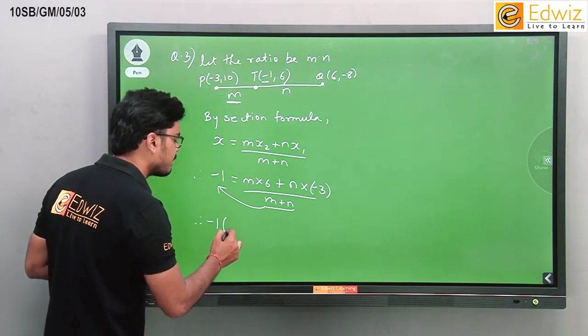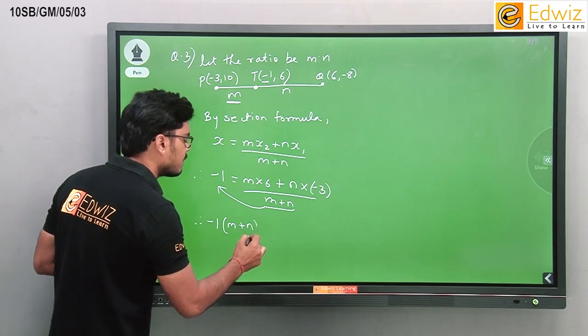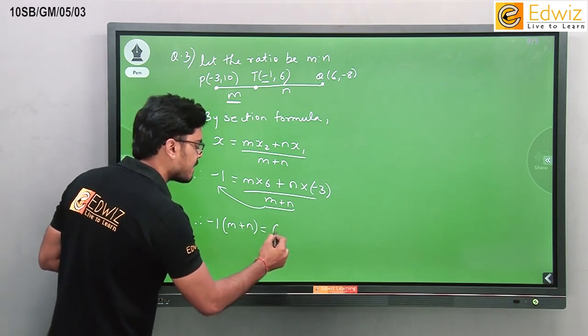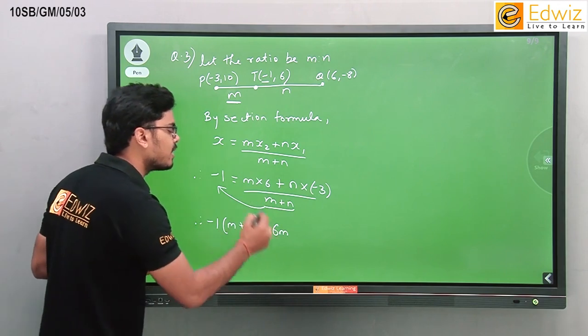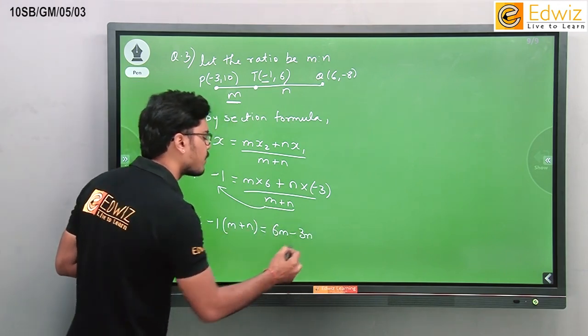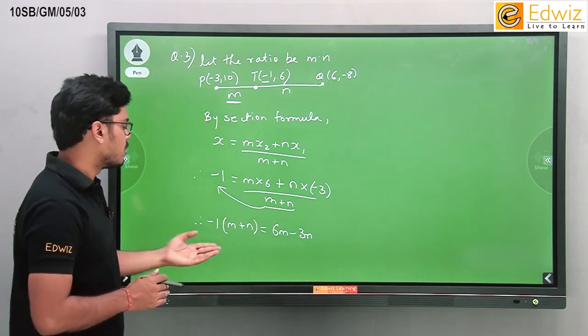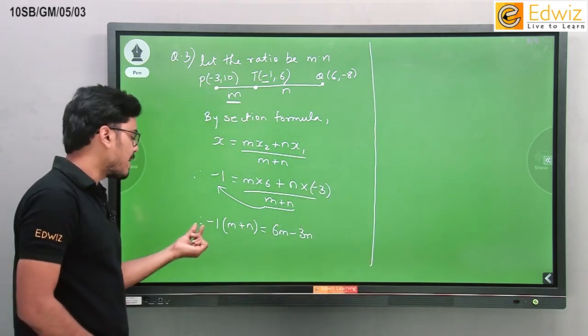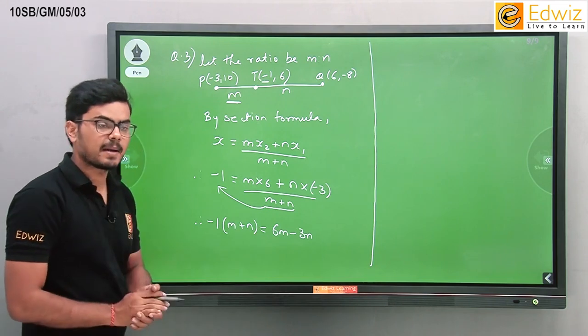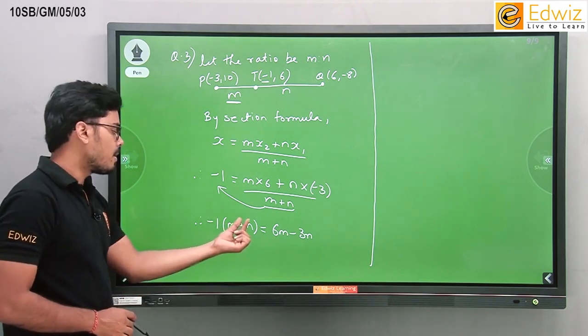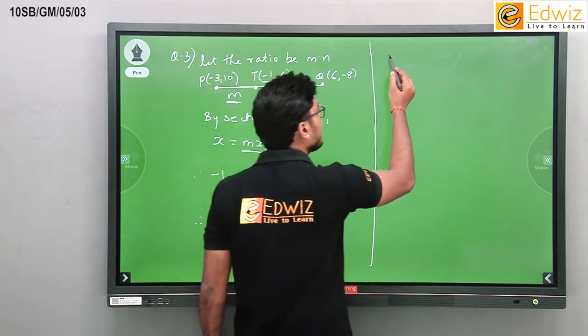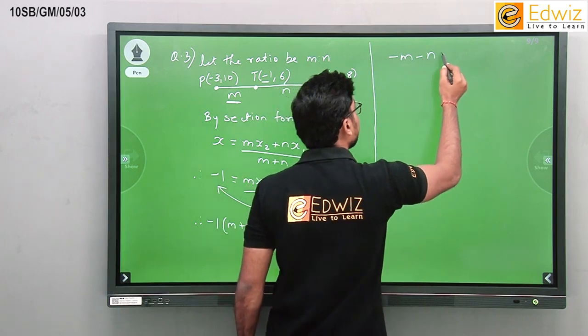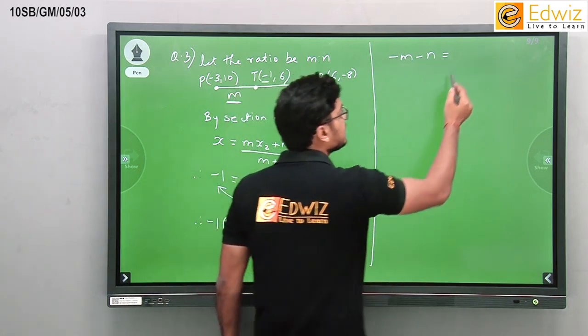So -1 multiplied by m plus n will be equal to, this is 6m, and -3 into n will be -3n. Okay, so positive and negative will become negative. So open the bracket now. If I multiply -1 to both the terms inside the bracket, this will become -m minus n. So minus m minus n equal to 6m minus 3n.